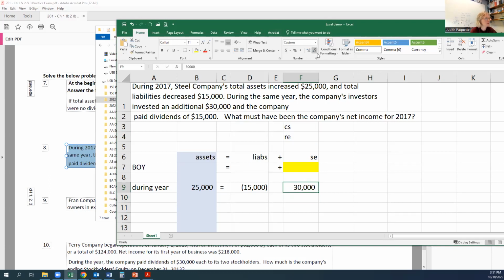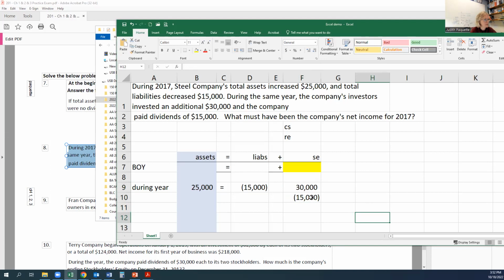And paid dividends of 15. Okay, so dividends would be a deduction when we calculate retained earnings. So we're going to put that as a minus 15. All right. So whatever's on this side has to add up to 25,000 because assets equals liabilities plus stockholders' equity.